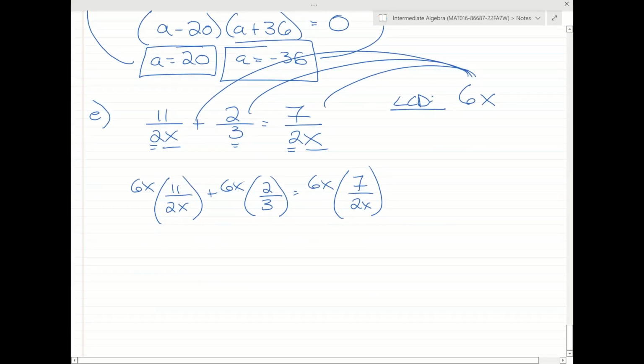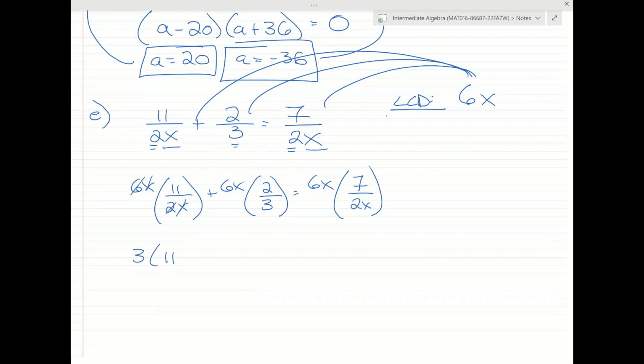Remember, by multiplying by the least common denominator, it cancels out our denominators. The x's cancel. 2 goes into 6 3 times. 3 goes into 6 twice. The x's cancel. 2 goes into 6 3 times. This is what we're left with.